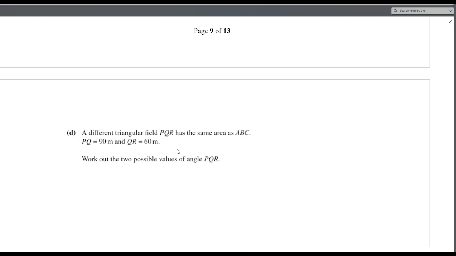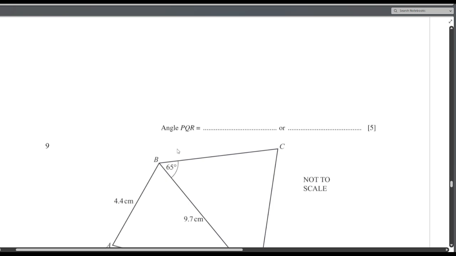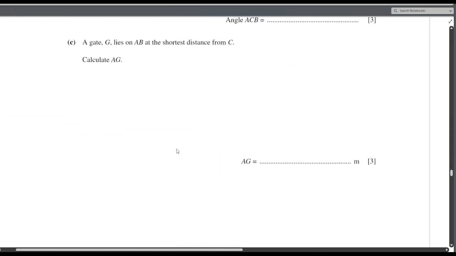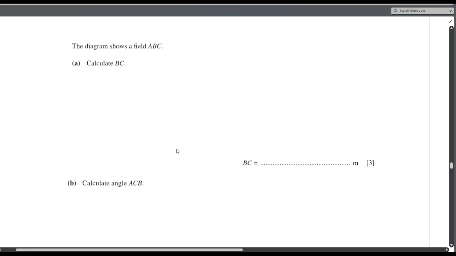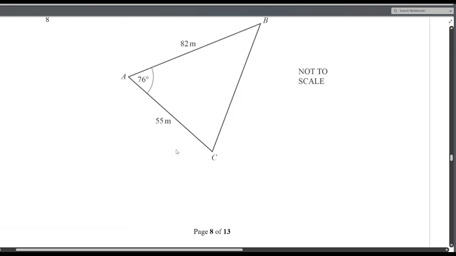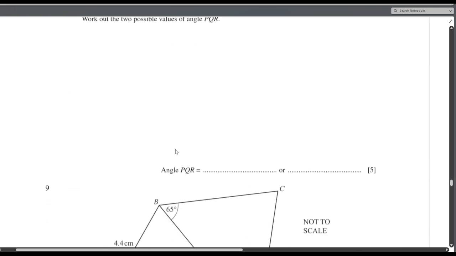So here, how to find two angles? Very good question. A lot of concepts are involved in this question number 8, which you have already solved. You can try this question once again. Pause the video, try this question once again, and then go to question number 9.